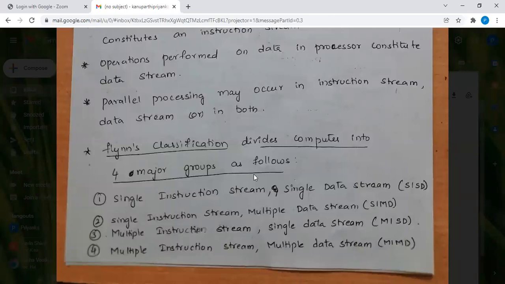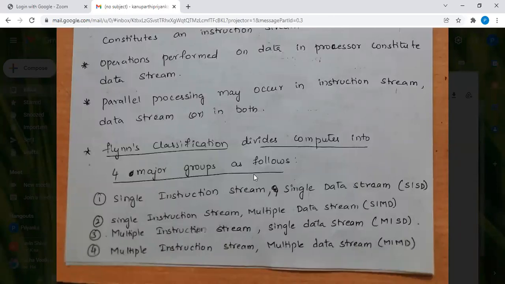Same concept here. Second, single instruction with multiple data streams. Then multiple instruction stream and single data stream. And the fourth is multiple instruction stream and multiple data stream.